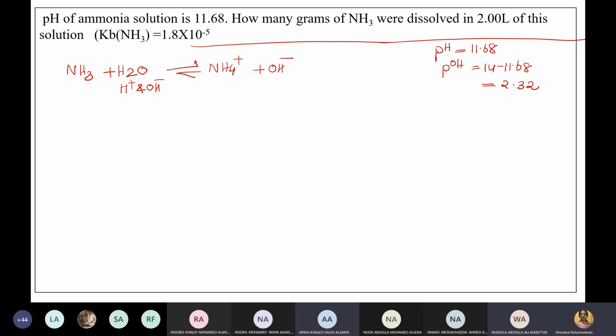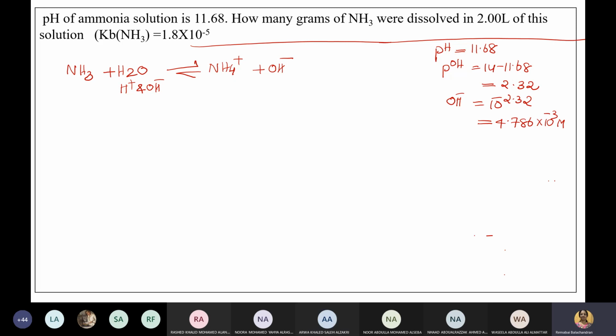Yes, doctor. The concentration of OH minus is equal to 10 to the power minus 2.32. That is 4.786 times 10 to the power minus 3 molar, right?